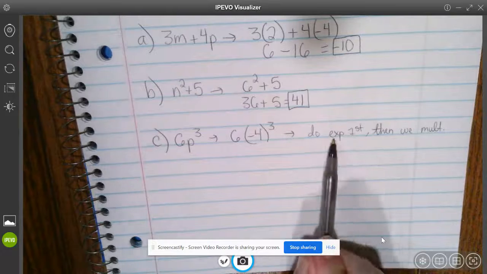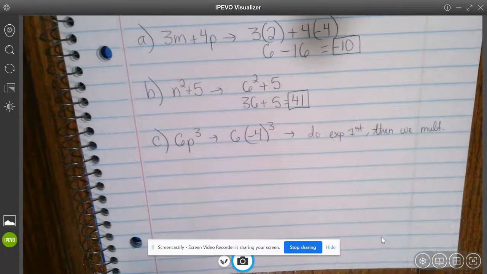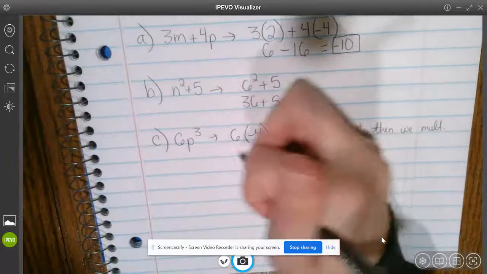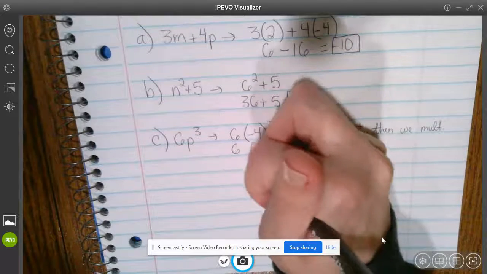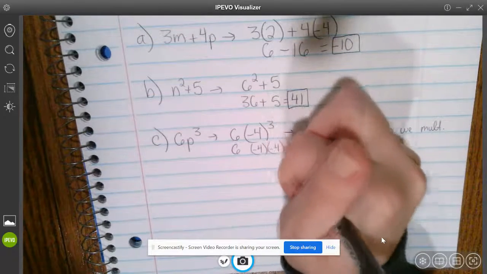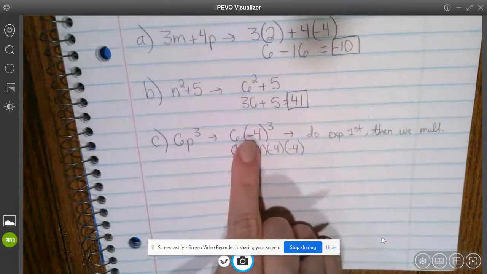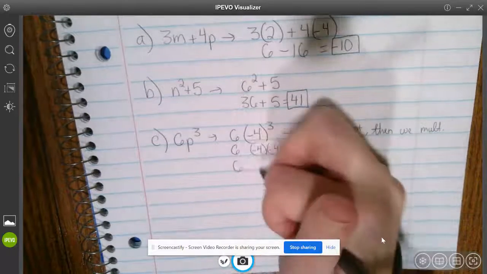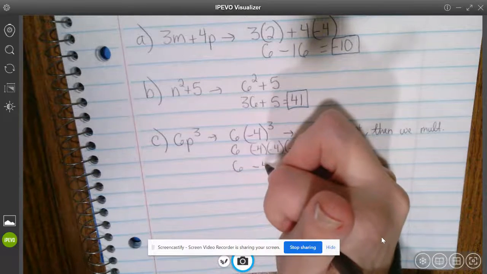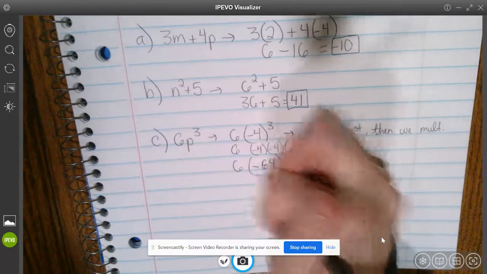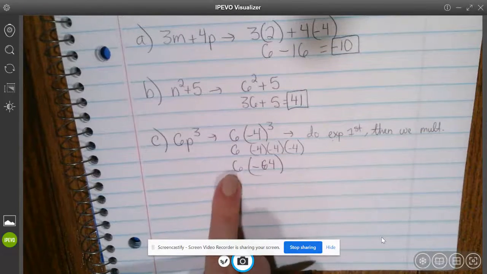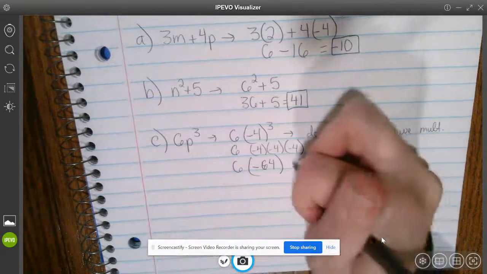Please excuse my dear Aunt Sally. We always do the exponents first. So remember, this is 6 times -4 times -4 times -4, not -4 times 3. So if you do that out in your calculator, you end up getting 64. So see, I just kept dropping my 6 down. Now I can multiply that by my 6.